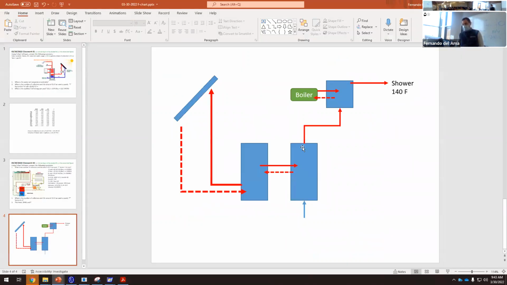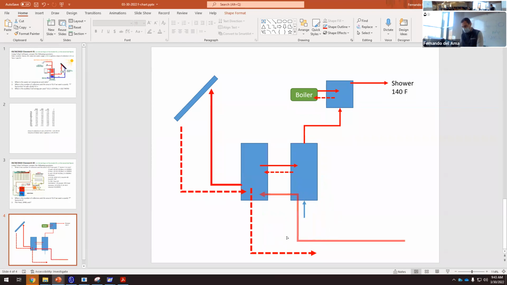So let's do it. So from this one, I'm going to do it here because I think it would be better. Okay, so this circuit is connected to the radiant floor.